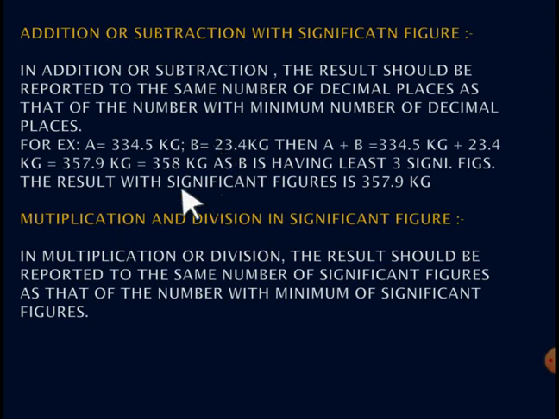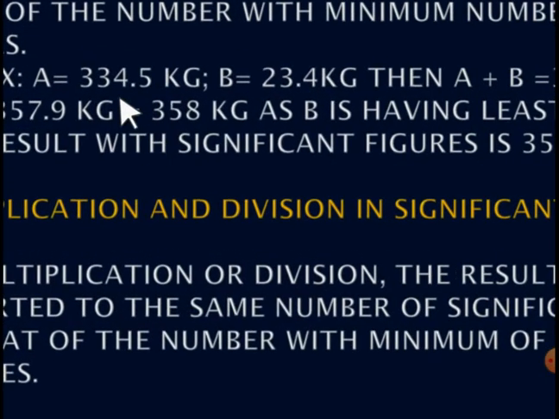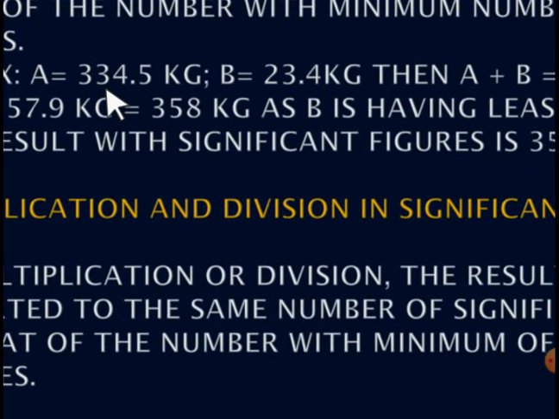figures. For example, let's take two numbers A and B. A is 334.5, which has four significant figures, and B is 23.4, which has three significant figures.